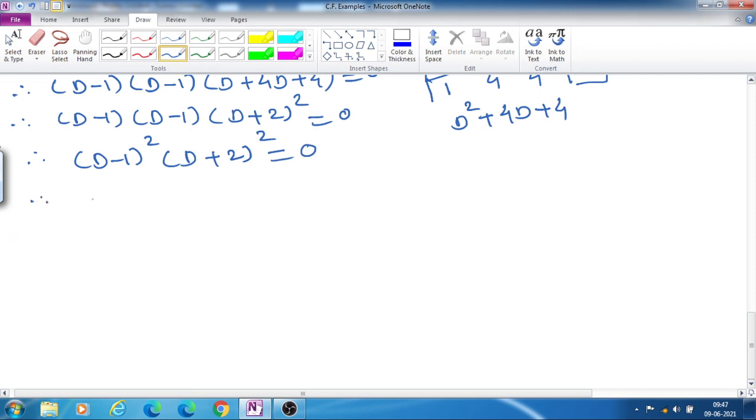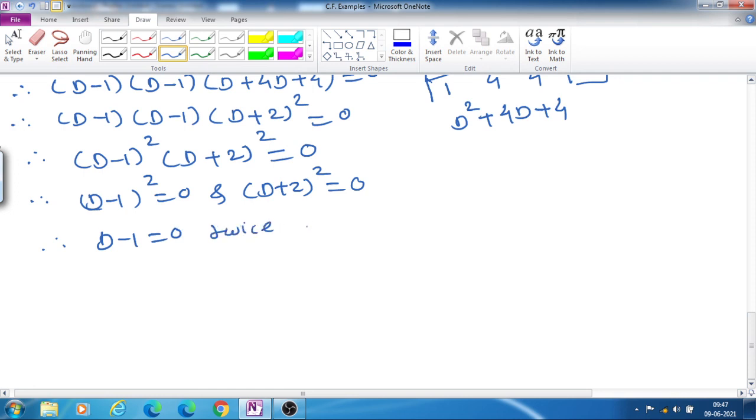Therefore D − 1 is equal to 0 twice, and D + 2 is equal to 0, this is also twice.